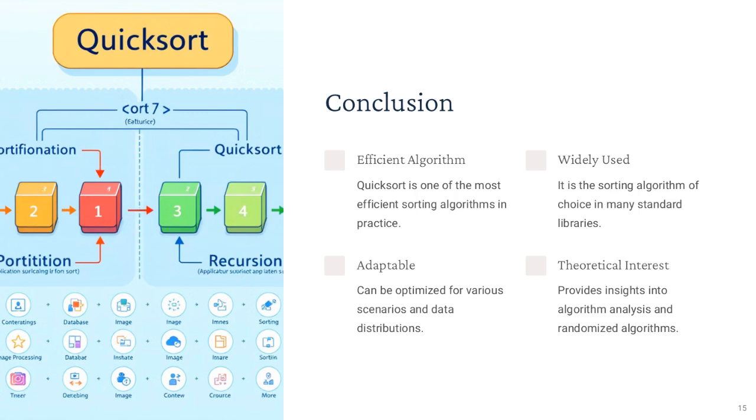Moreover, Quicksort has become a fundamental example in algorithmic analysis, offering insights into recursion, partitioning strategies, and the balance between theoretical performance and practical efficiency. Ultimately, Quicksort's enduring popularity stems from its ability to balance simplicity, efficiency, and adaptability, making it an essential tool in both academic and real-world computing contexts.